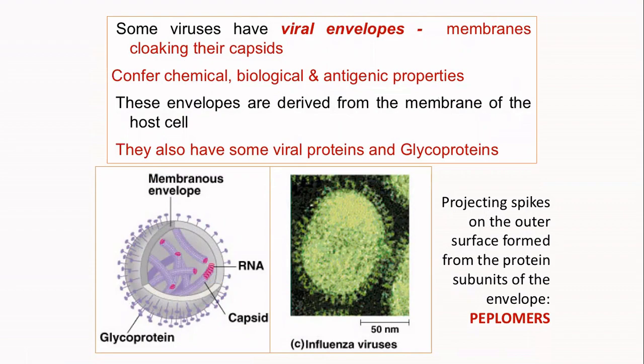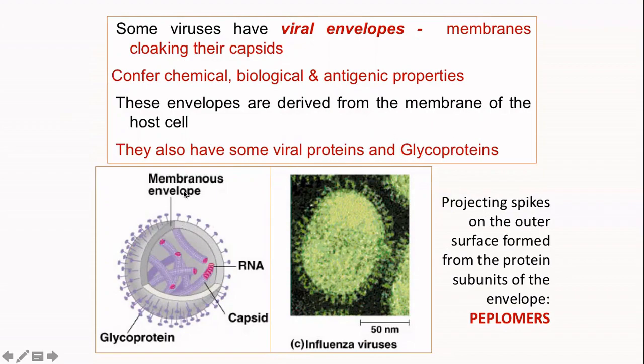Most of the time, these envelopes are seen in very notorious and highly infectious viruses. And the funny part is, these envelopes, which help them resist the chemicals used to kill them, are derived from the host cell membrane. These envelopes are also made up of viral proteins and glycoproteins.